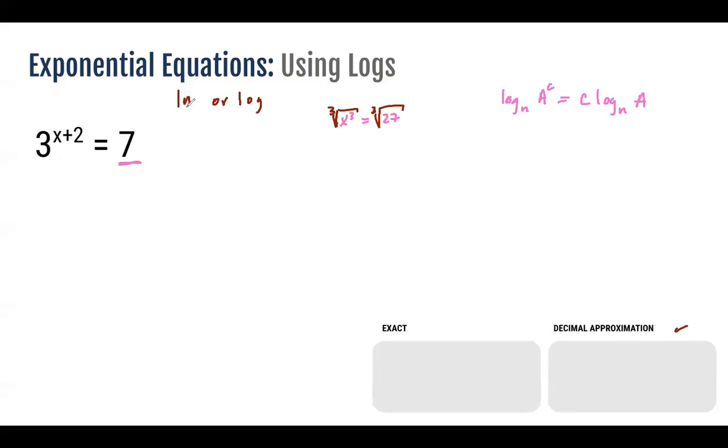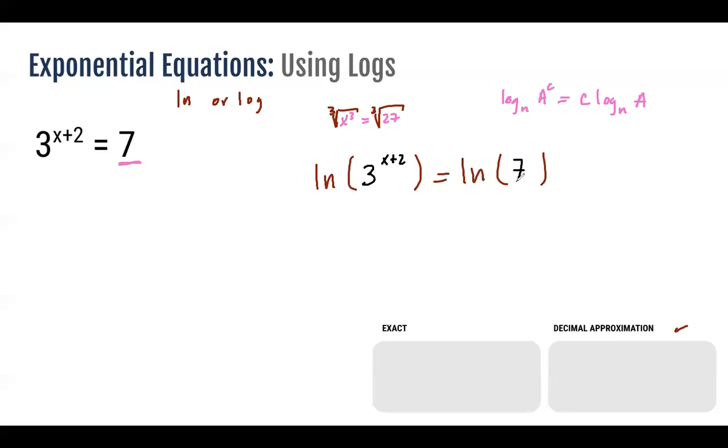So I'm going to go for the natural logarithm, and in there, I'm going to have 3 raised to the power of x plus 2. And I'm still going to have the natural logarithm of 7.